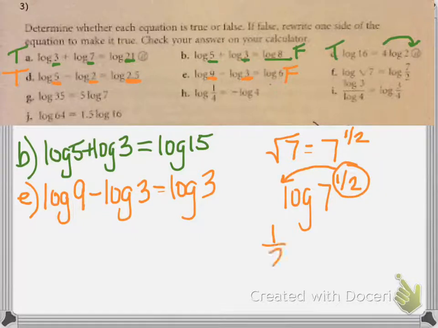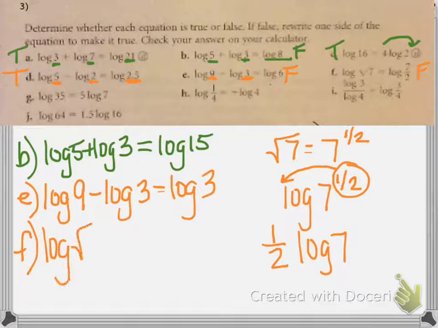So this would be 1/2 times the log of 7, which definitely does not match the other side, log of 7 over 2. So F is false, and F should be written as log square root of 7 equals 1/2 times the log of 7 for this reasoning right here.